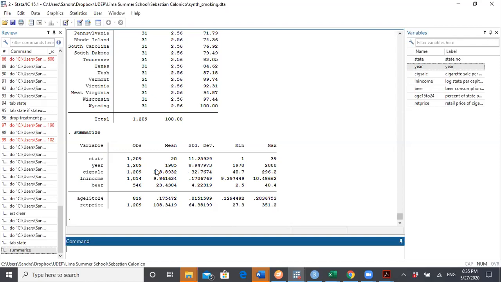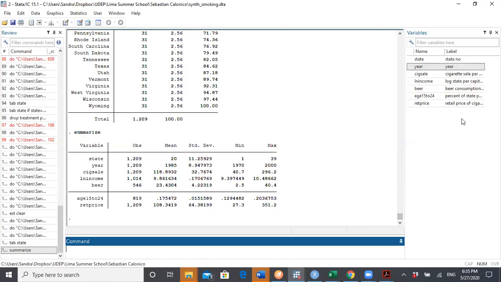Okay, so yeah, year goes from 1970 to 2000, and then we have cigarette sales, the log income, so GDP, and beer. And this beer is beer consumption per capita.